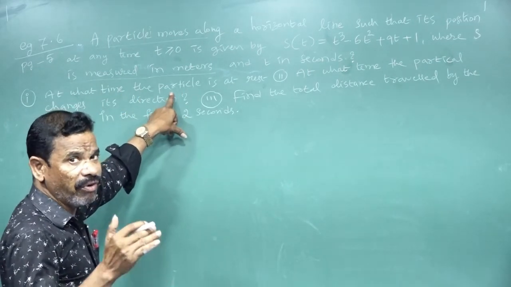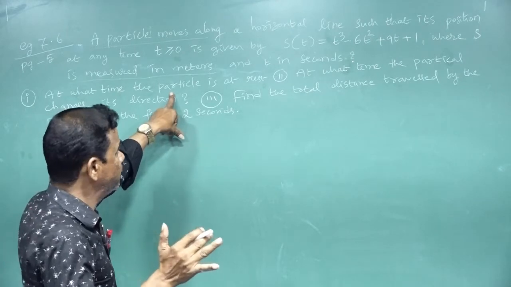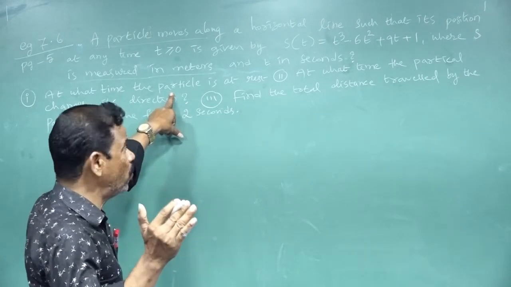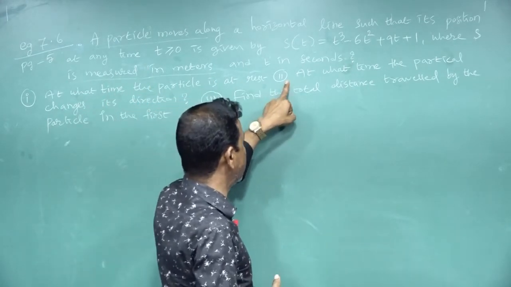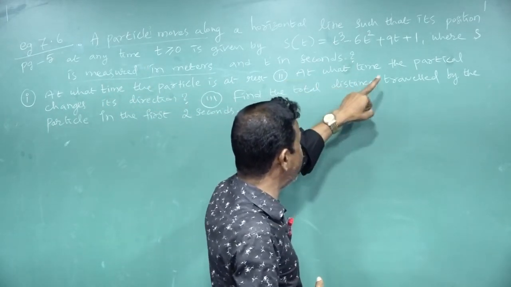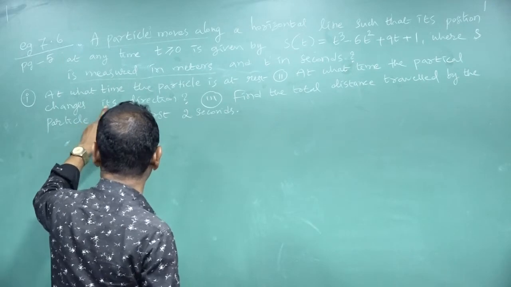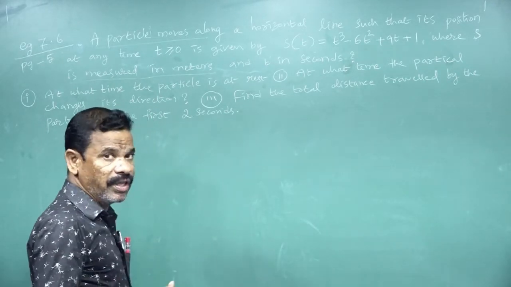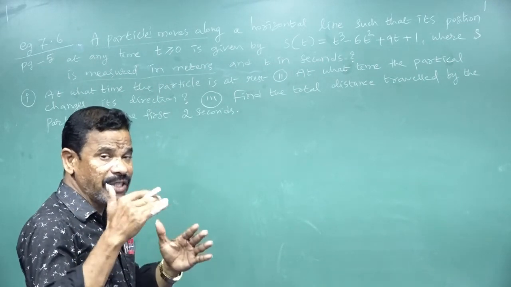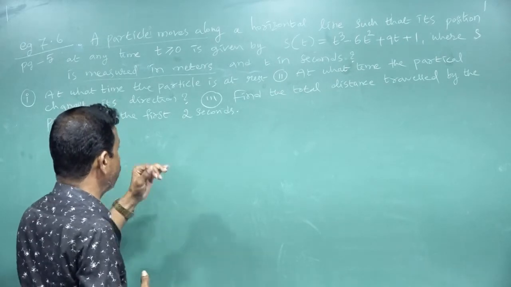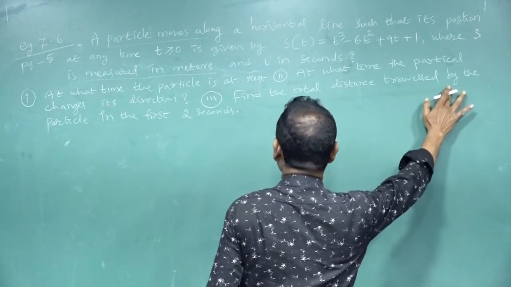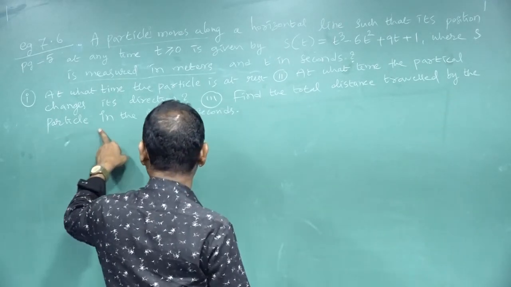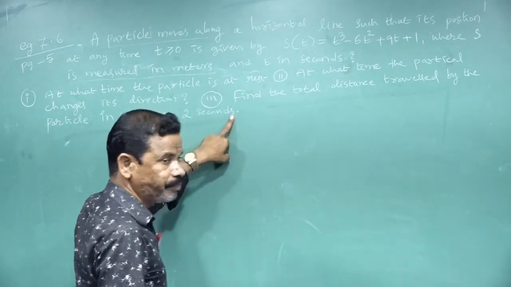Rest means velocity 0. So at velocity 0, that time is how much? After that, second question, at what time does the particle change its direction? At what time will that direction be changed? That is the second question. Third, find the total distance traveled by the particle in the first 2 seconds.